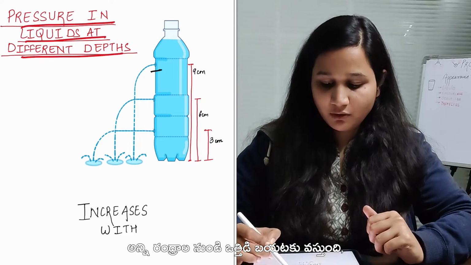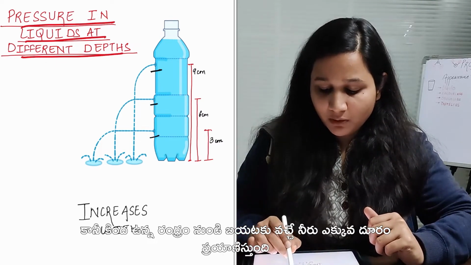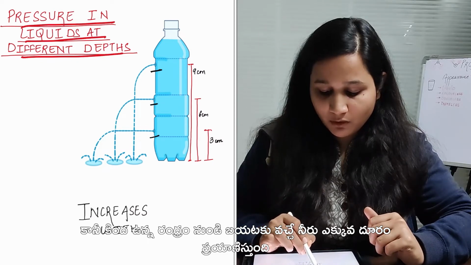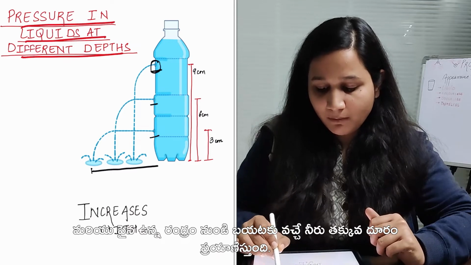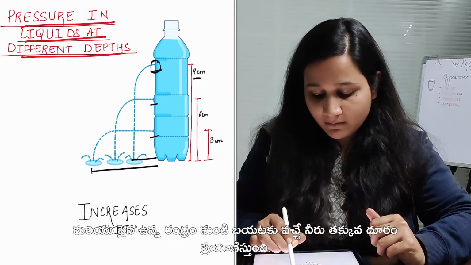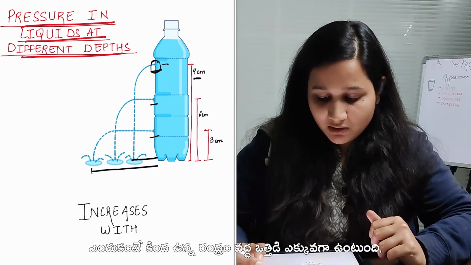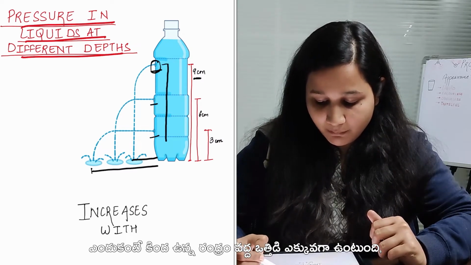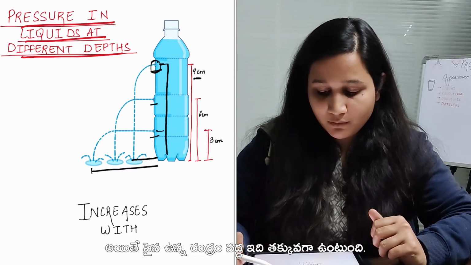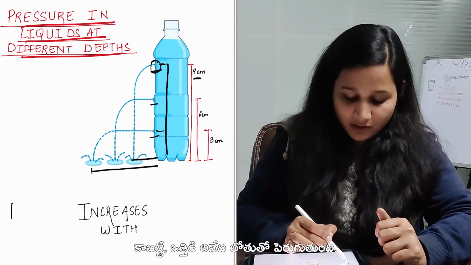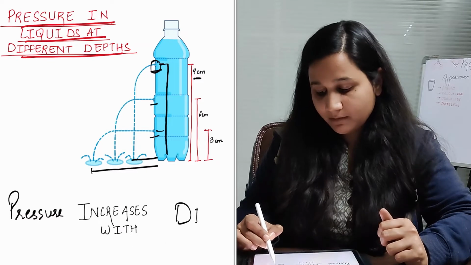Water will come out from all the holes, but the water which comes out from the bottom hole will travel the farthest, and the water which comes out from the topmost hole will travel the least. Why is it so? Because the pressure is highest at the bottom hole, whereas it is lowest at the topmost hole. So pressure increases with depth.